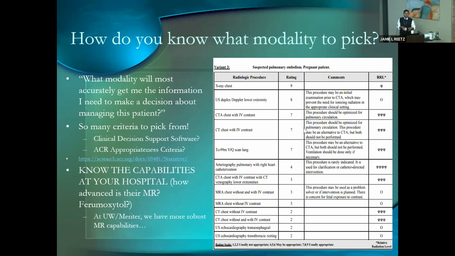You can just put in pregnant patient ACR appropriateness criteria, and it'll spit out imaging lists that tell you what's most appropriate. Interestingly, the ACR has not caught up. They don't think MRA is great for the pregnant patient because they're assuming you're giving gadolinium. They have not accounted for ferumoxytol officially yet. That's a unique thing you can get at Meritor that would, in my opinion, probably bump this up way higher on the appropriateness criteria.